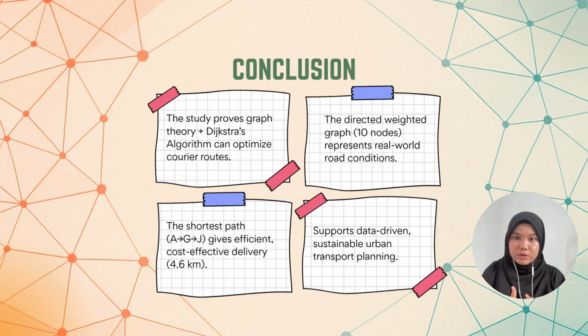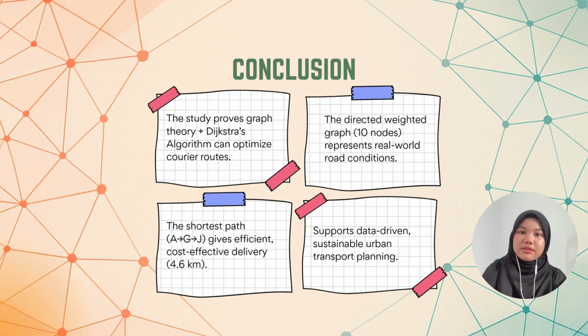Okay, to conclude, this project successfully shows how graph theory and Dijkstra's algorithm can be used to optimize real-life courier delivery routes. By modeling the network as a directed weighted graph with 10 nodes, we capture real constraints such as one-way traffic and uneven distances.